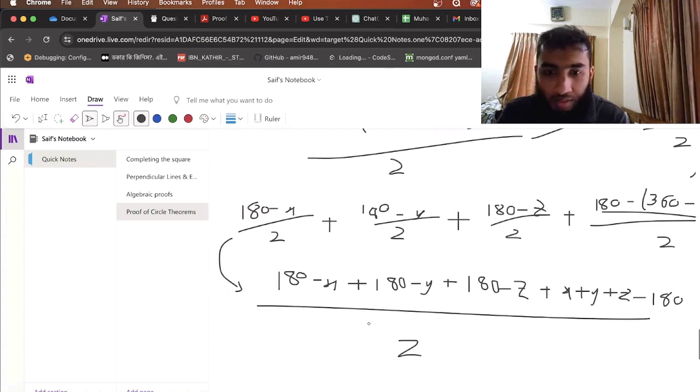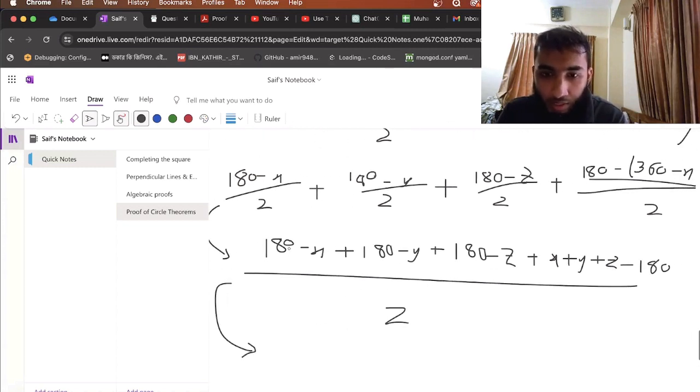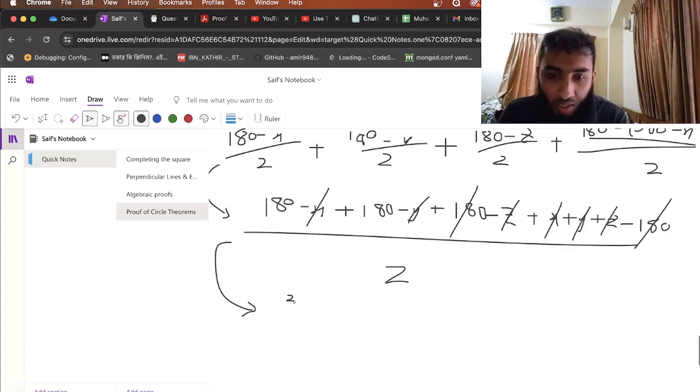If we simplify more, minus x and plus x cancel, minus y and plus y cancel, minus z and plus z cancel, and plus 180 and minus 180 cancel. What is left? 180 and 180, which is 360 by 2, which is 180.